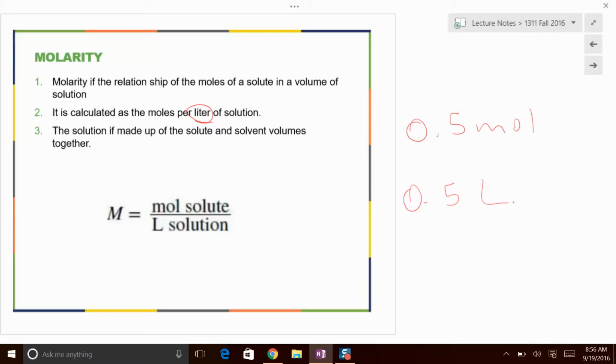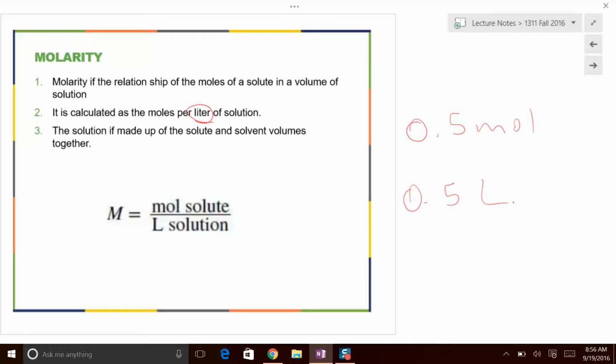Because what I'm not considering is that the volume will change once I pour those two things together. So when I pour them together, the volume changes. And now I have to figure out what the new volume is of the entire solution. Because this is liters of solution, not liters of the solvent. Okay? So make sure you have that distinction.